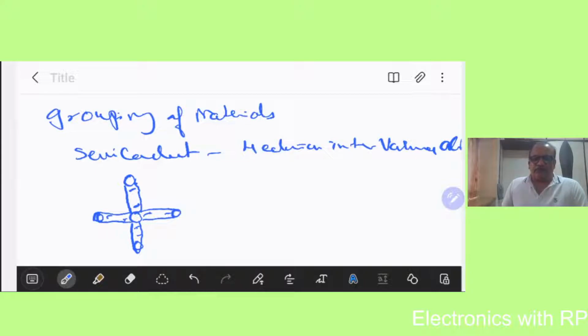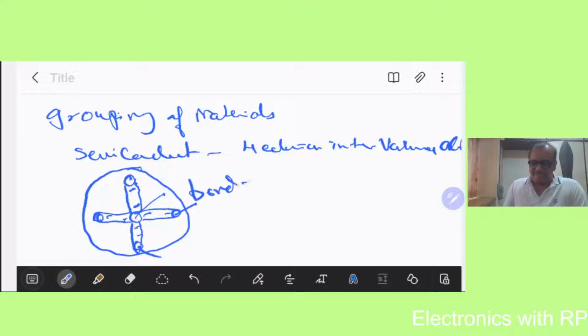These are the four electrons of this atom. This atom shares one electron. This atom shares another electron. This atom shares another electron. This atom shares another electron. So four adjoining atoms share one electron with this atom, and this is how they form a bond. So this is how a crystal of semiconductor looks like.